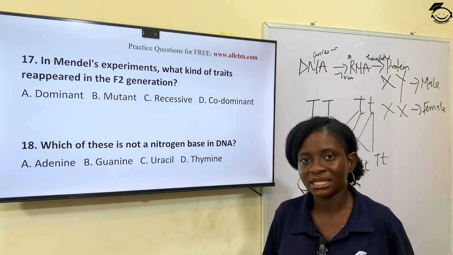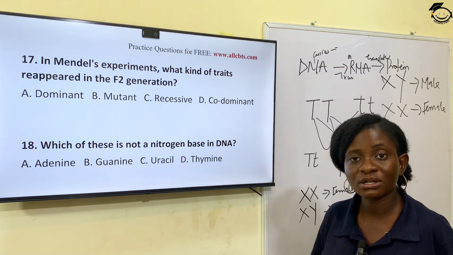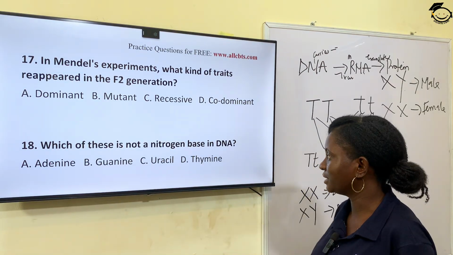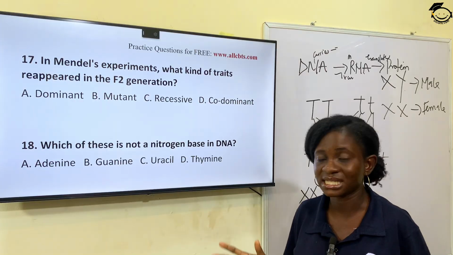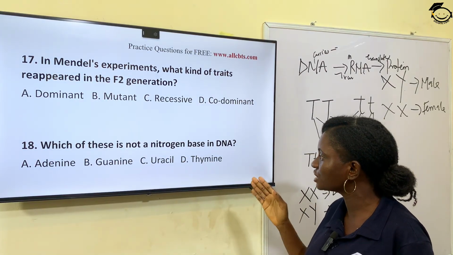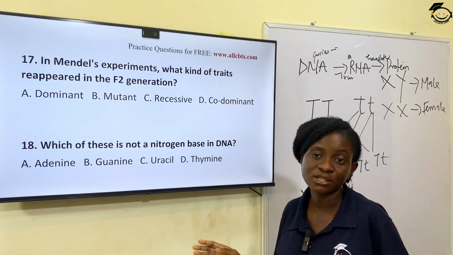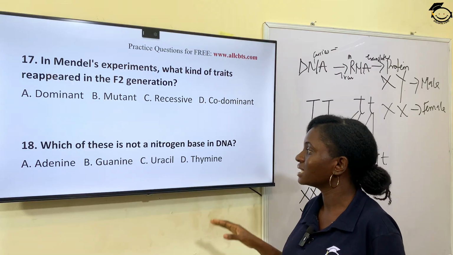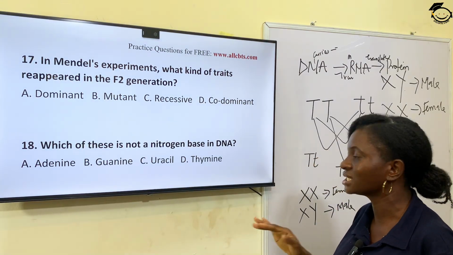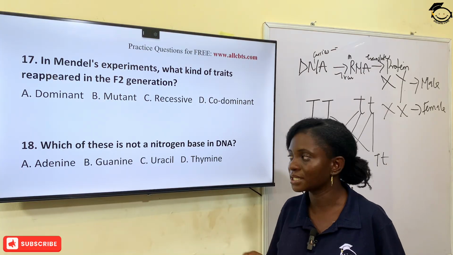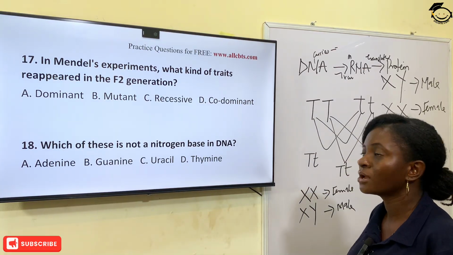But in RNA, we find uracil. Uracil is the nitrogenous base present in RNA. So which of these is not a nitrogenous base in DNA? It's clear that option C, uracil, is not a nitrogen base in DNA. Option C is the correct answer.